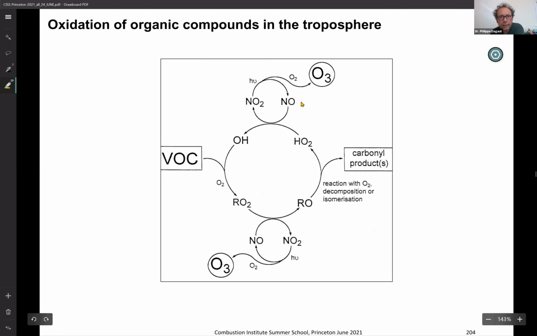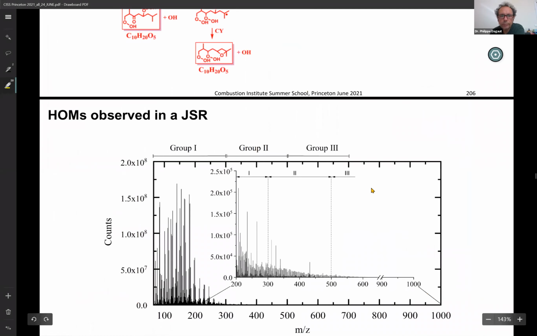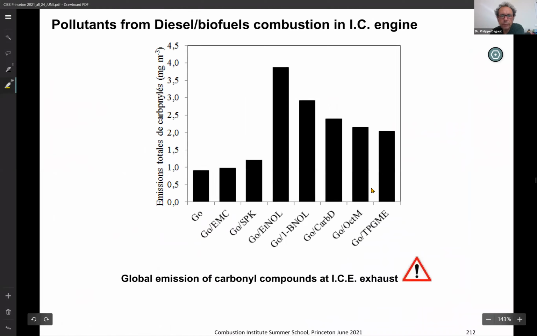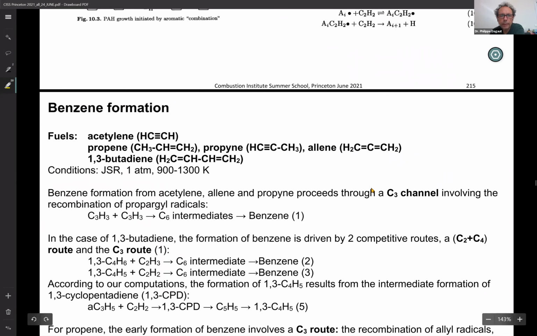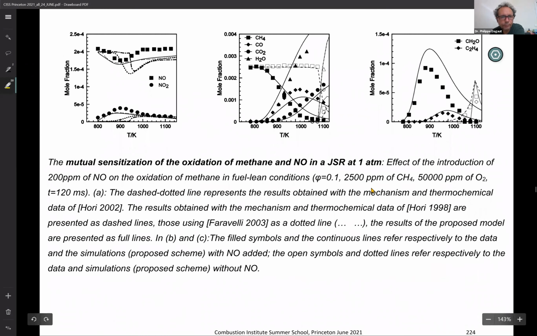So there is an interaction between NO and the radicals formed by oxidation of unburned hydrocarbon present in the atmosphere, and also interaction between HO2 and NO. In combustion it can be the same, but it's different from reburning.